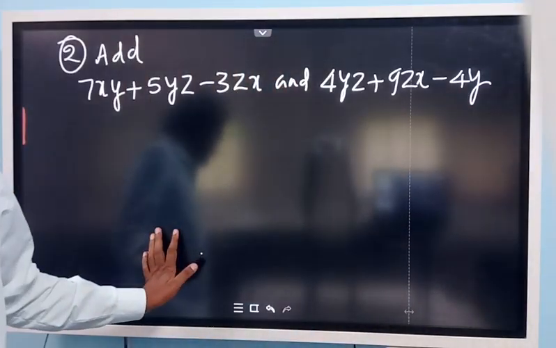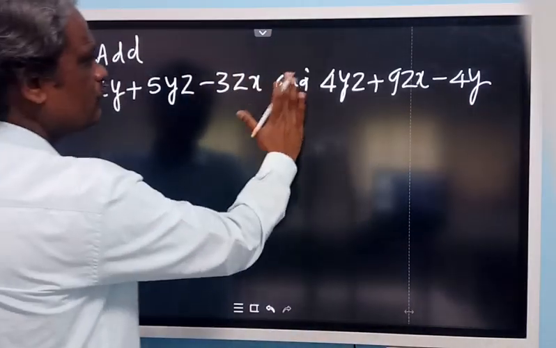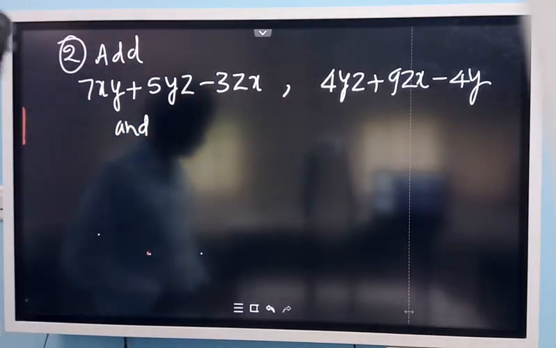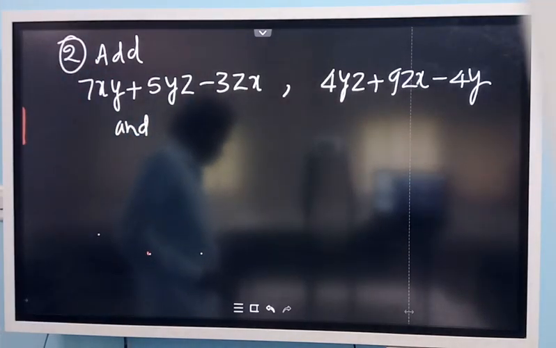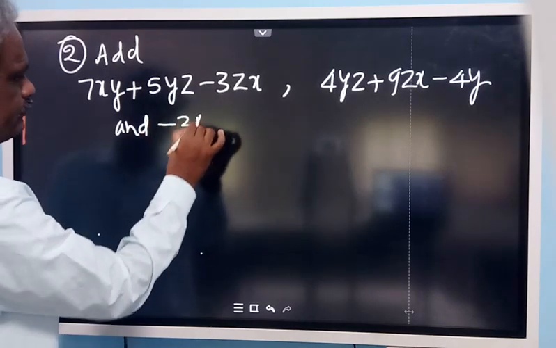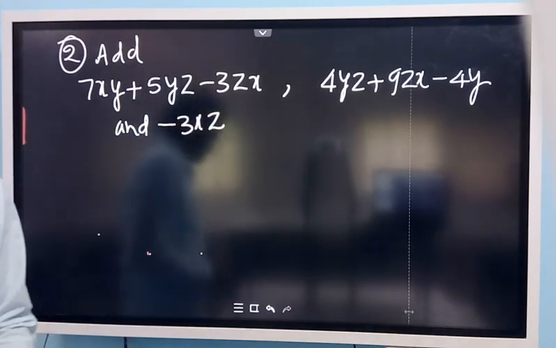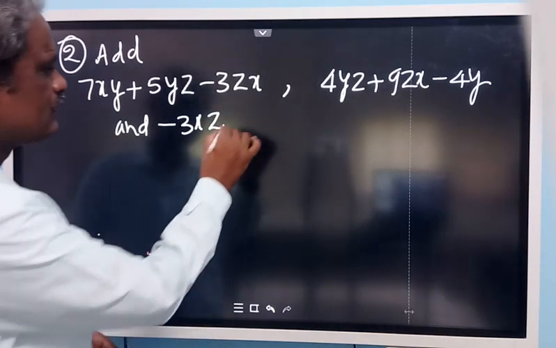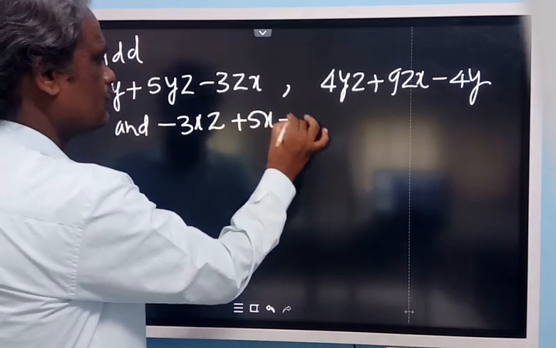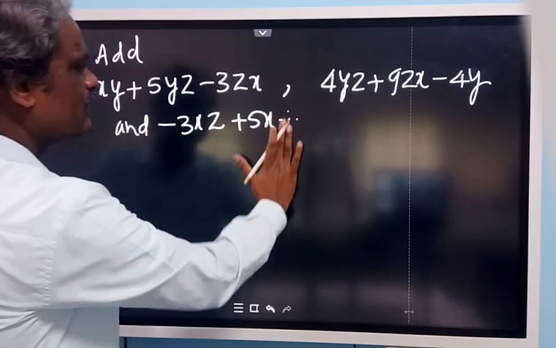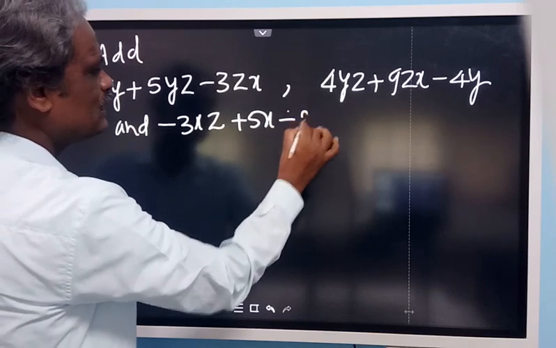Then one more expression is there, so you can put a comma here, and minus 3xz plus 5x or minus 2xy.